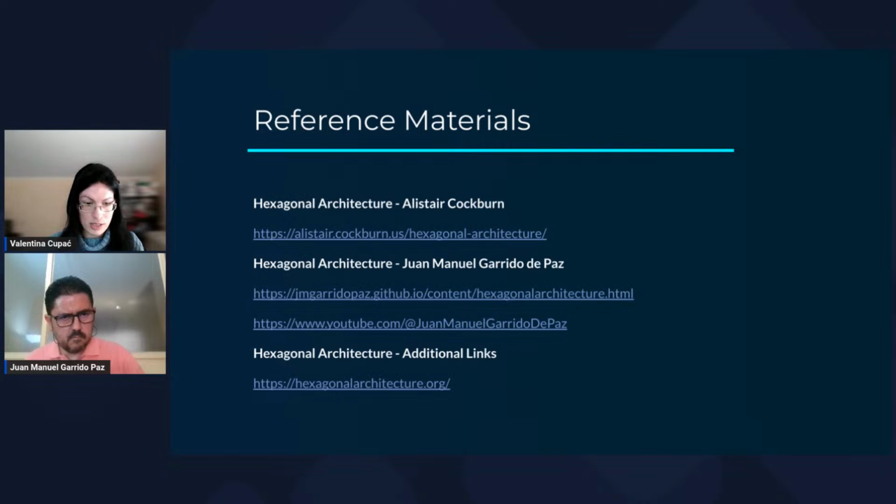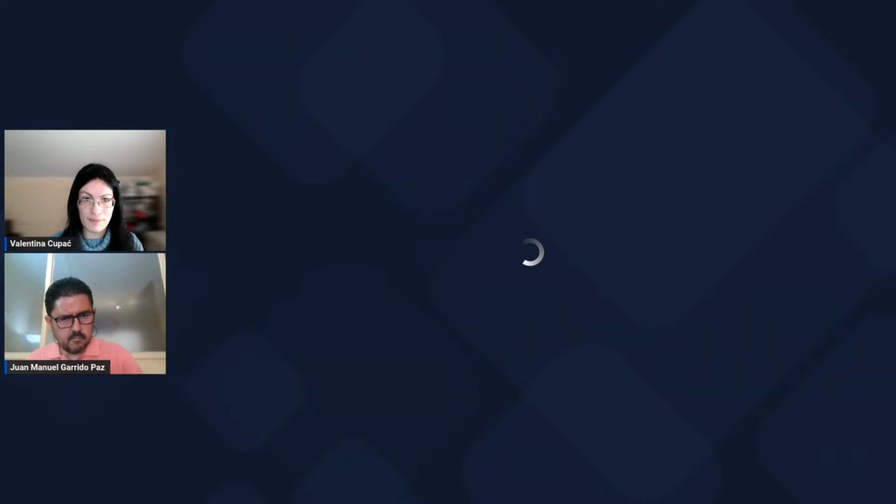So to get started, I will do some screen share to introduce a diagram, and then after that Juan will continue on and explain a bit more regarding the diagram.